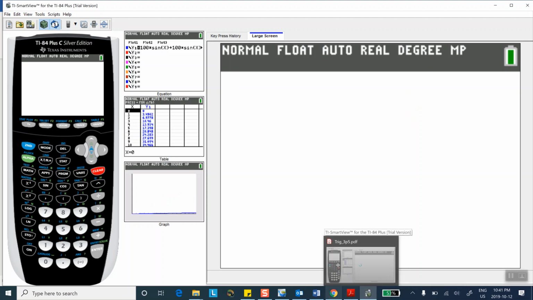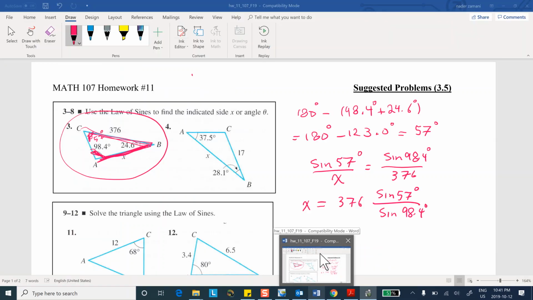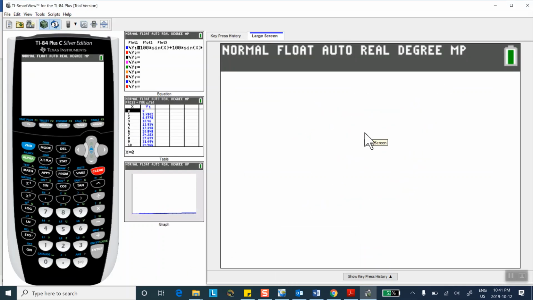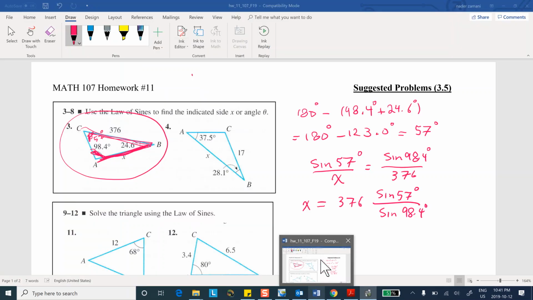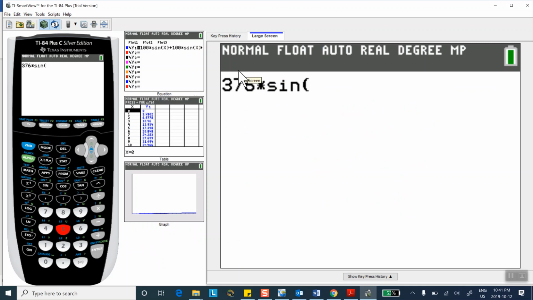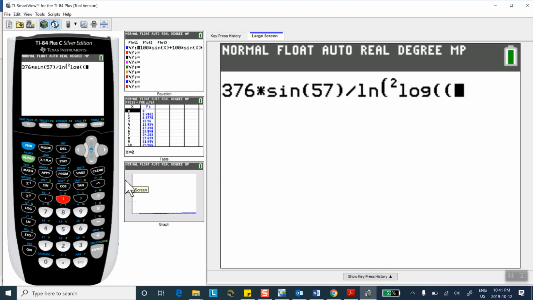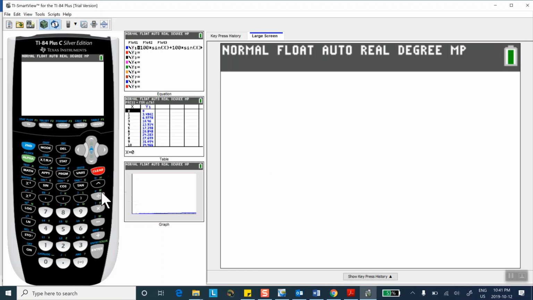Yeah, I keep making that mistake. 376 times sine of, what was the angle? 57. Close the parentheses. Divided by sine, parentheses.